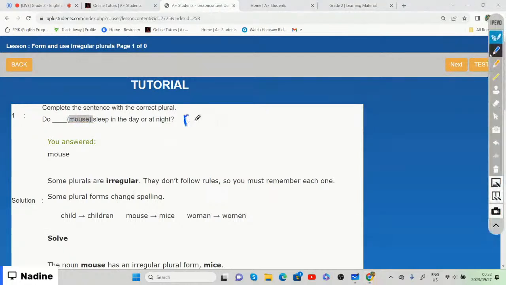So do mice sleep in the day or do mice sleep at night? So mice. Mice refers to more than one animal.